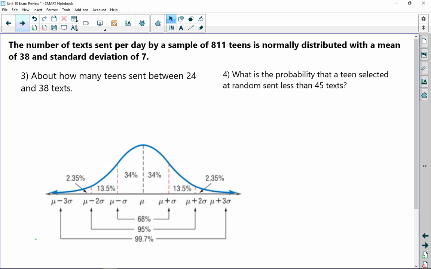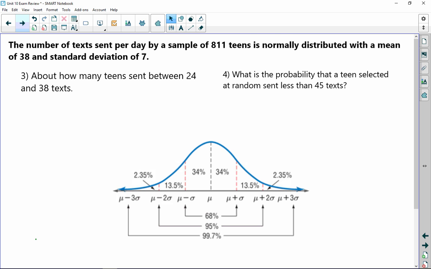What's my mean here? What's my middle number right there? 38. Okay, so what I want to do here is figure my other lines, basically my x values or my z lines.